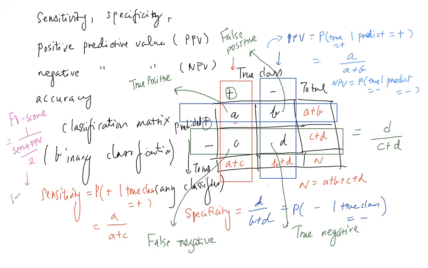So this is the harmonic mean. Okay, it's a harmonic mean of sensitivity and PPV. So if you want to emphasize these two metrics, maybe you can use an F1 score. Otherwise, maybe use sensitivity and specificity separately. Okay.